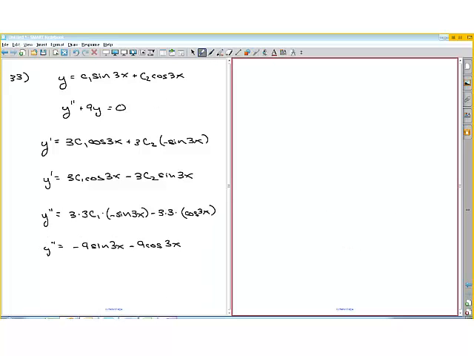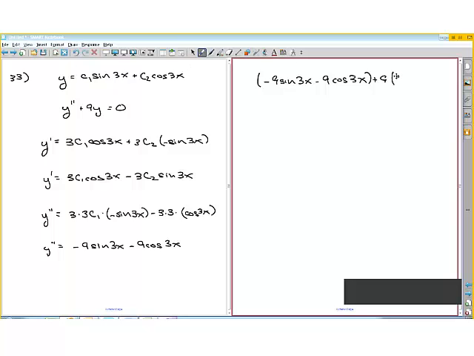Now we plug the value for y into there and the value for y double prime into there. So y double prime is negative 9 sine of 3x minus 9 times the cosine of 3x. And we add 9 times y, which is here.